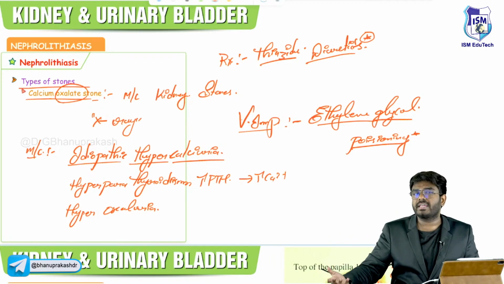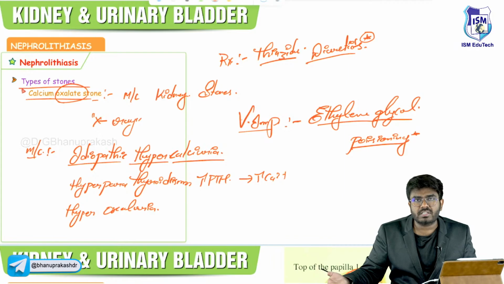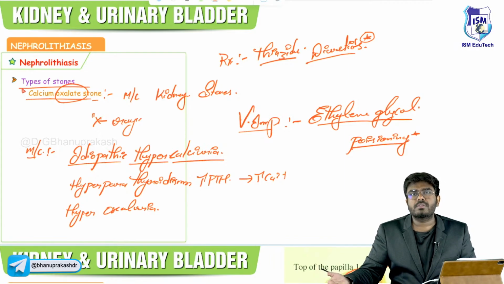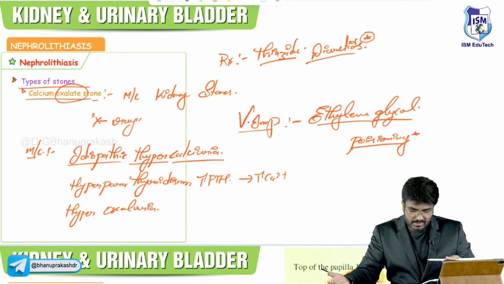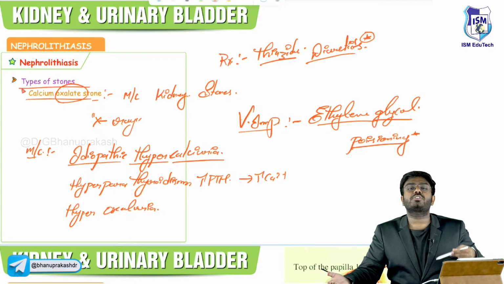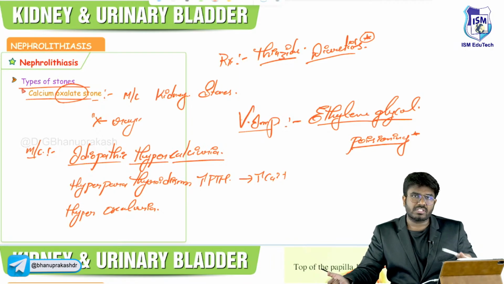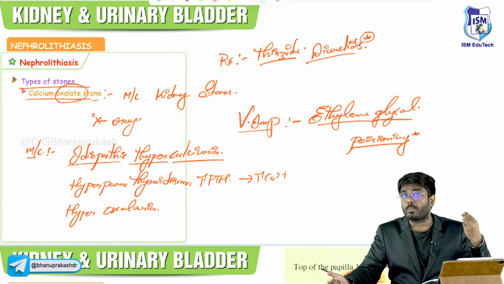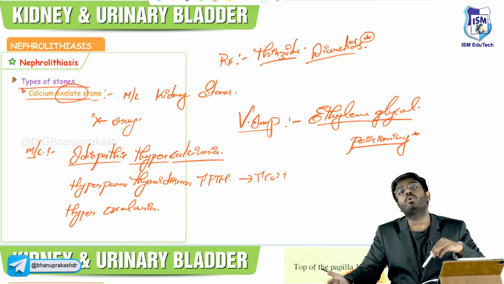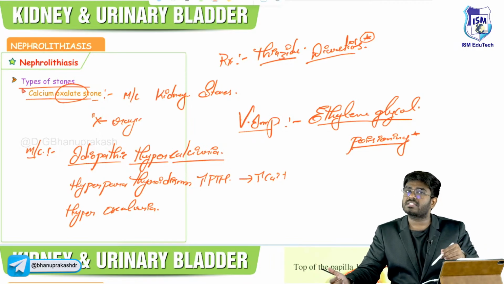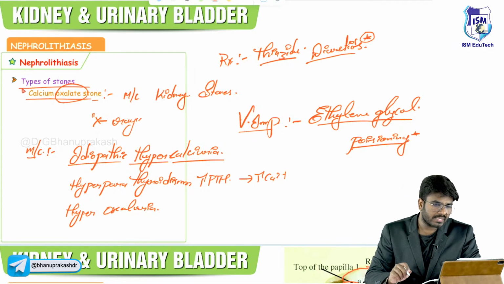Whenever the calcium is not getting excreted, the stone formation also automatically decreases. Usually these patients will be having recurrent stone formation again and again, so these patients will be kept on thiazide diuretics. Less calcium going out in the urine means less amount of stone formation. Simple, as simple as that.